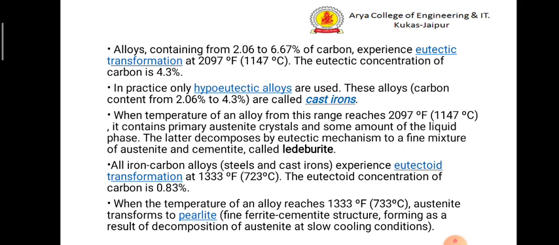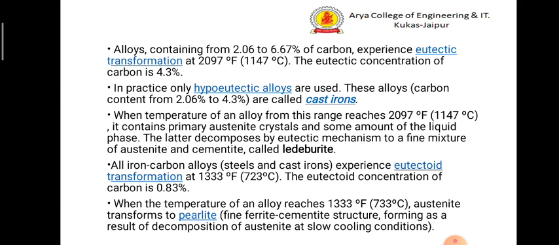When the temperature of an alloy from this range reaches 2097 degrees Fahrenheit, it contains primary austenite crystals and some amount of liquid phase. The latter decomposes by the eutectic mechanism to a fine mixture of austenite and cementite called ledeburite. All iron-carbon alloys experience eutectoid transformation at 1333 degrees Fahrenheit.